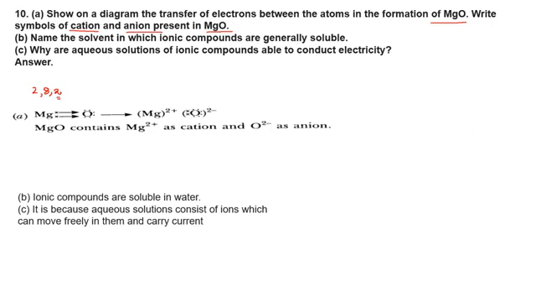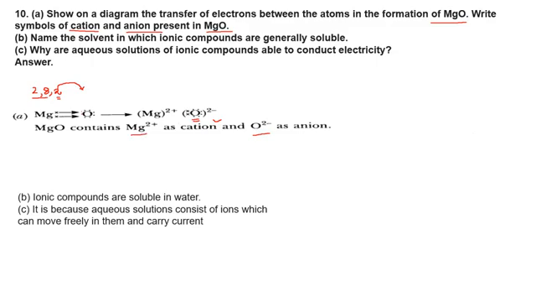Magnesium will try to lose 2 electrons so that it can attain octet state, and oxygen by gaining 2 electrons will attain an octet state. Because oxygen is gaining 2 electrons which are negatively charged, we are getting oxide which is an anion, and magnesium ion which is a cation. This you have to show.